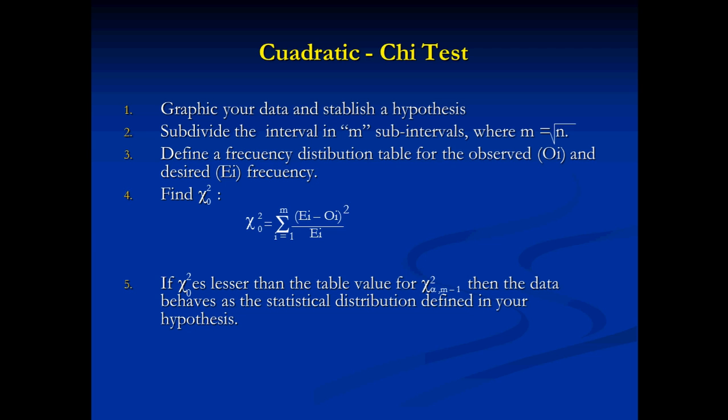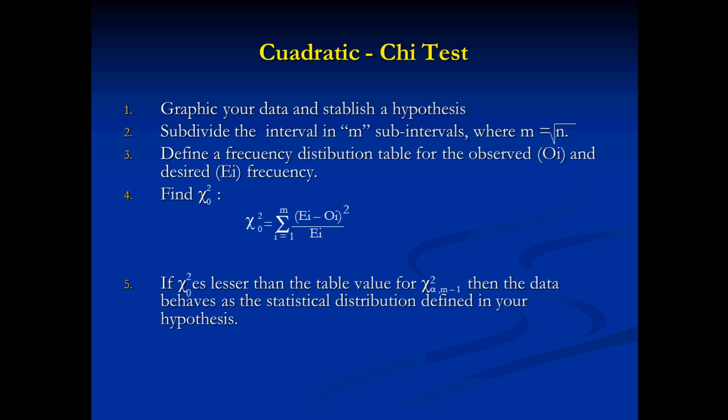First of all, we are going to subdivide the whole set of data in m subintervals, where m is the square root of n, n being the total number of data that we have. We need to then define a frequency distribution table for the observed and the desired frequency.